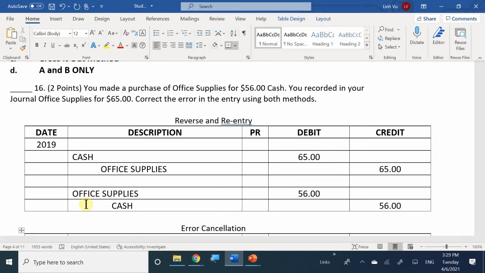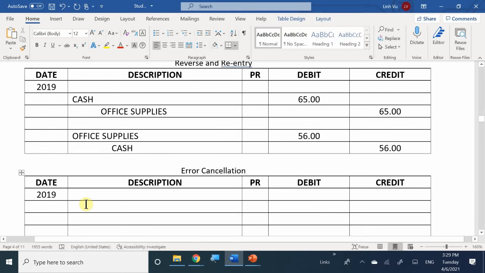So how should I correct this entry? You're going to credit $9. You're going to start with the debit.